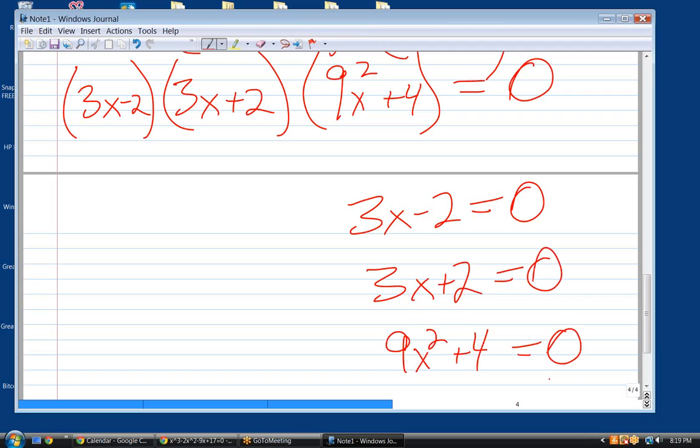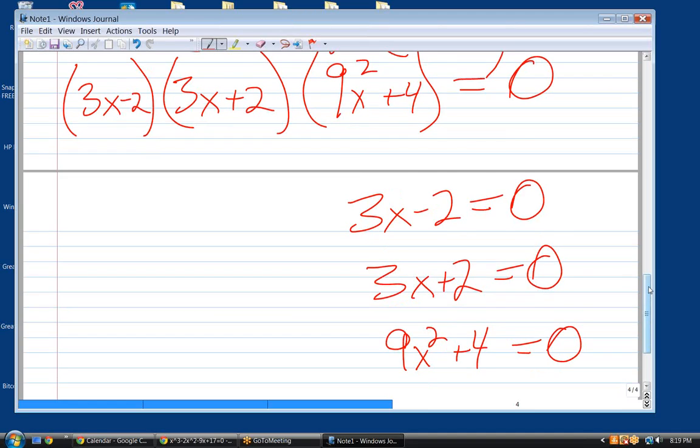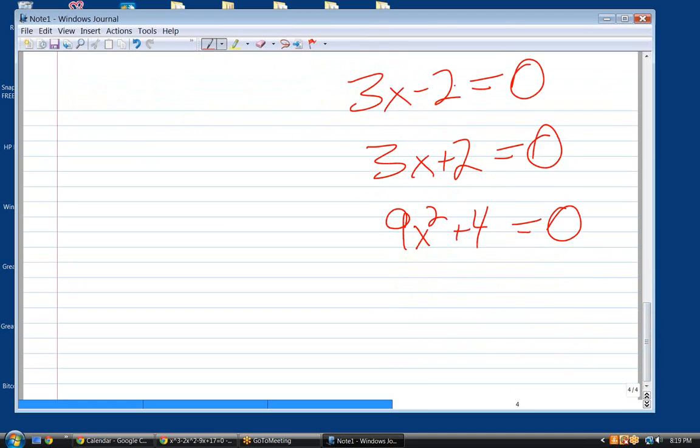Solve that. That is going to give us our 4 solutions to this problem. What's this one? How do you solve this first equation?